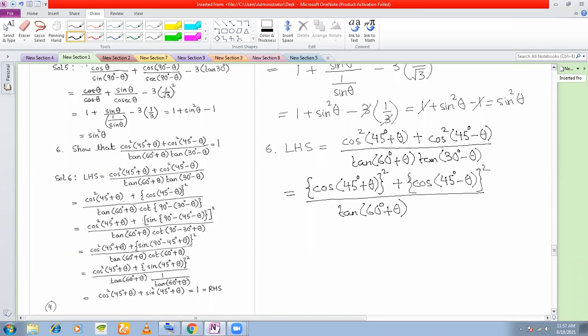Now in the denominator you change one of the tan to a cot. And see, a very interesting thing happens. Either you change tan 60 plus theta to a cot, or you change tan 30 minus theta to a cot. Let us change tan 30 minus theta. See what happens. If I change this to cot, this will become 90° minus this angle, 30° minus theta.